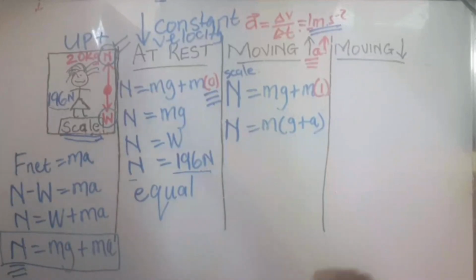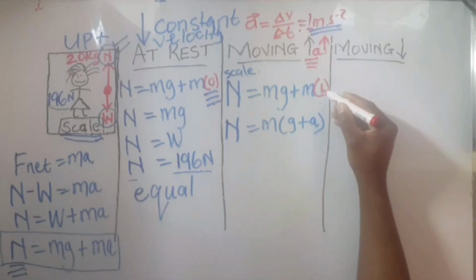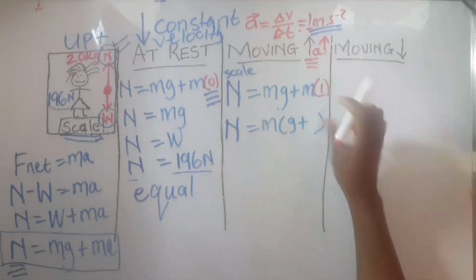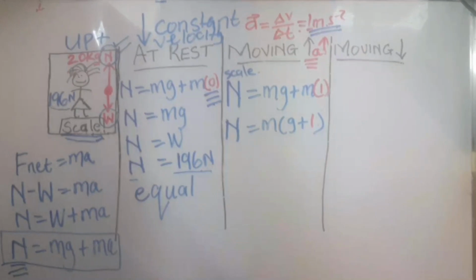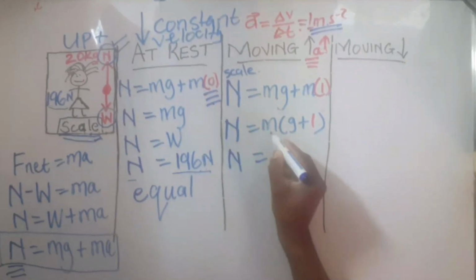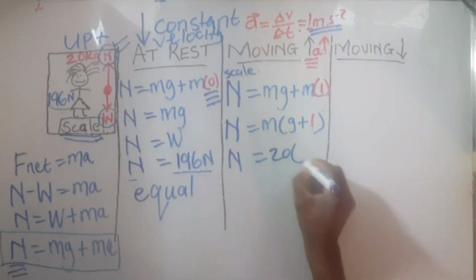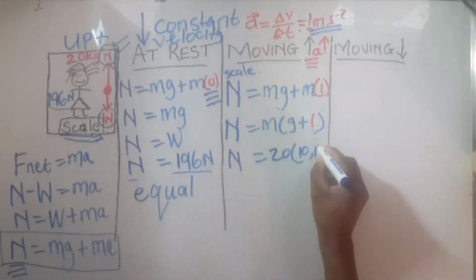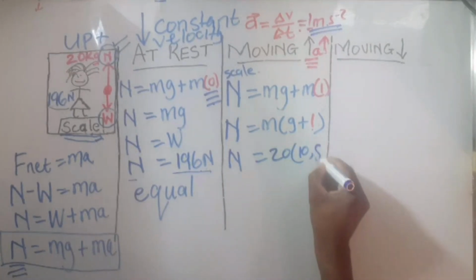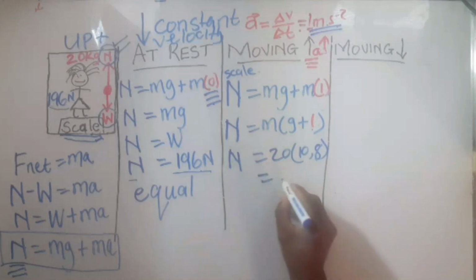If this acceleration is 1 meter per second squared, you're going to have the mass, which is 20, multiplied by 9.8 plus 1, which is 10.8. Now that will give you something like 216. I think so.